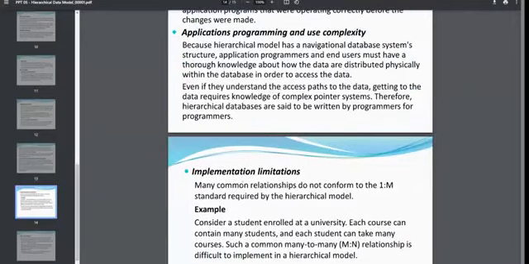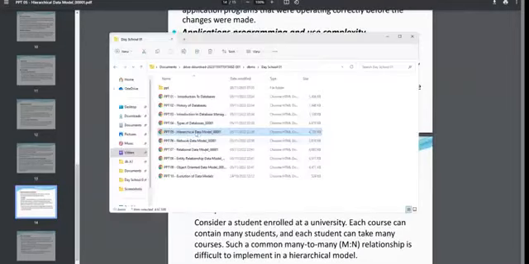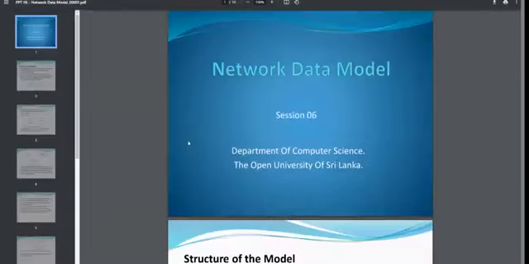Then next we can go forward with the next part, the network model. Before that, I will explain a previous thing, how you can apply them practically.